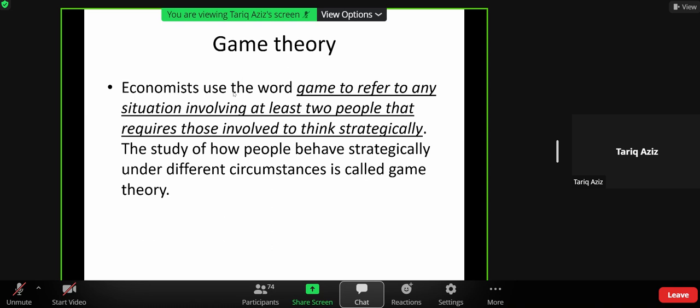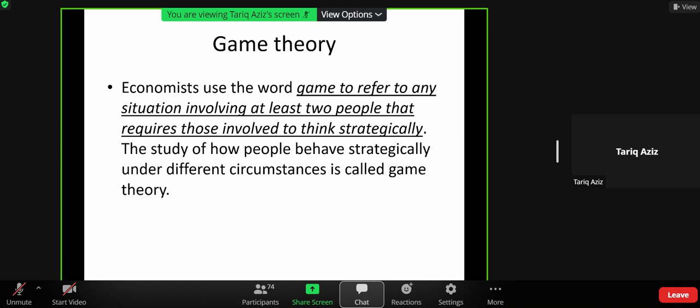So what is game theory? Economists use the word game to refer to any situation involving at least two people, because to play any particular game, we should have at least two players. It may be three also, more than two also, but the requirement is the presence of at least two people. That requires those involved to think strategically.